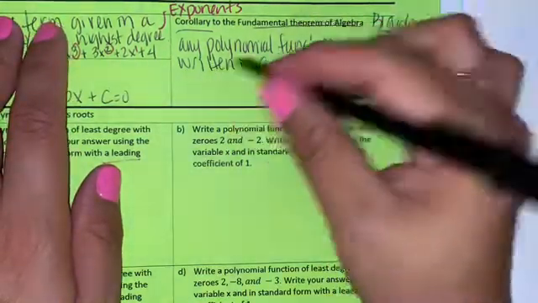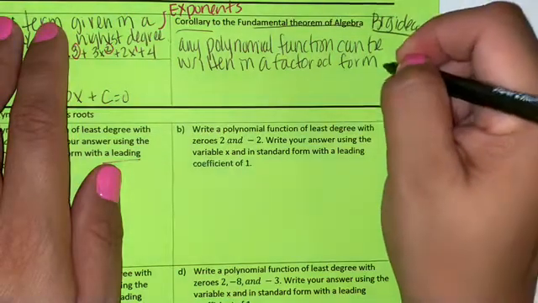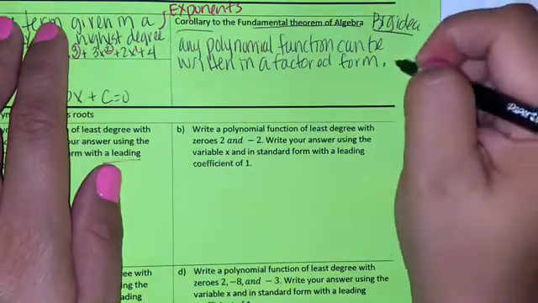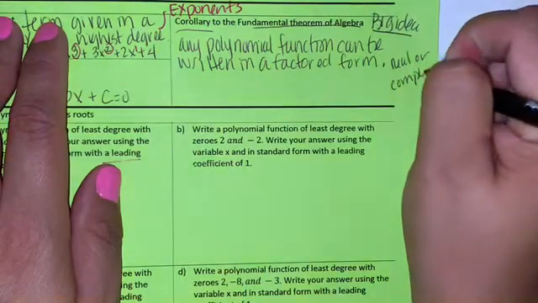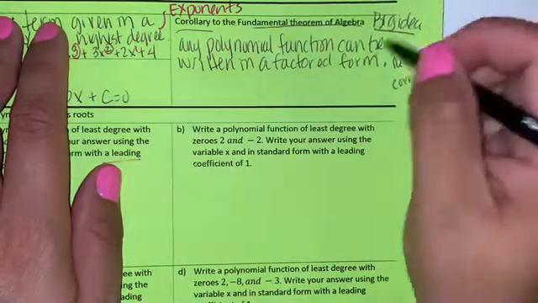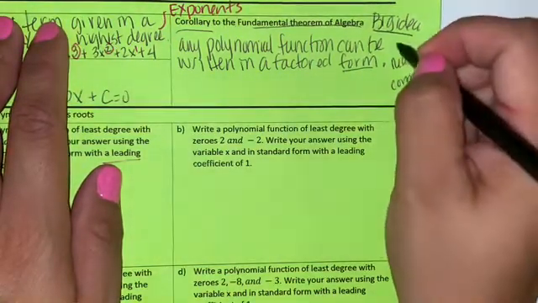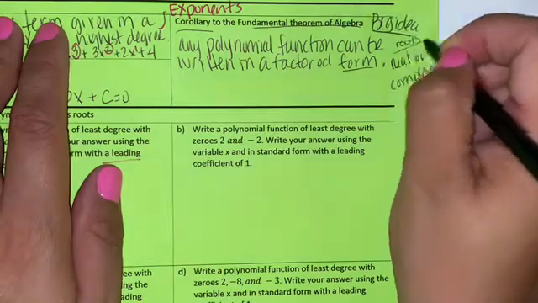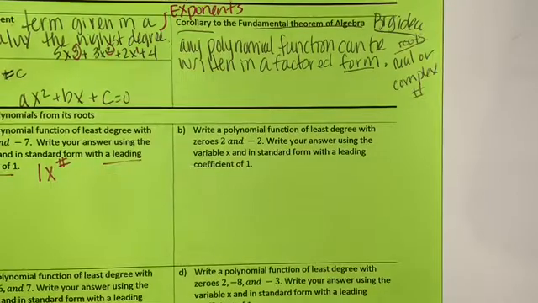So whenever you're writing in a factored form, typically you're talking about real or complex numbers when you're finding the factor form. So these are talking about the roots are real or complex numbers, which we went over last week. The corollary specifically says that all roots of a polynomial equation can be a combination of any type of number.